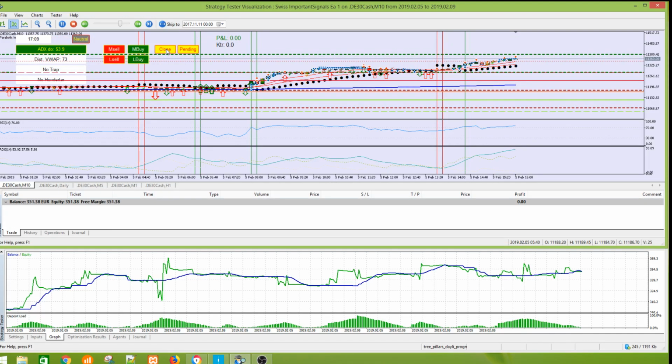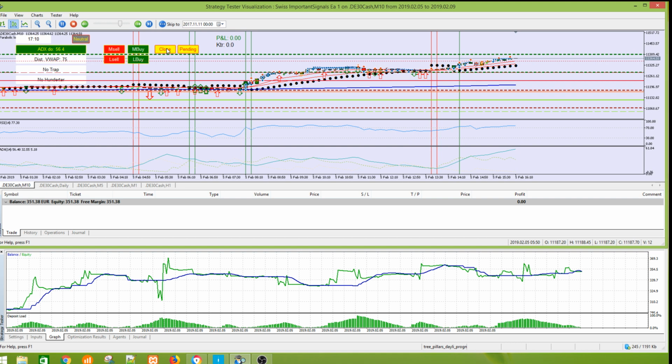So I just flattened. Now out of 300, we made 351. 51 divided by 300 times 100, it's 17%.